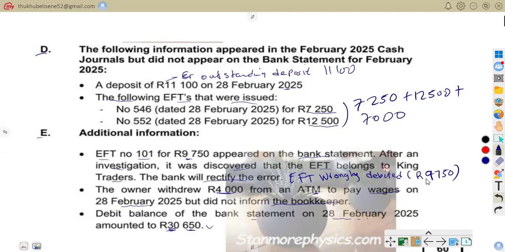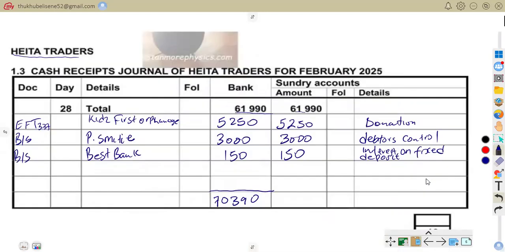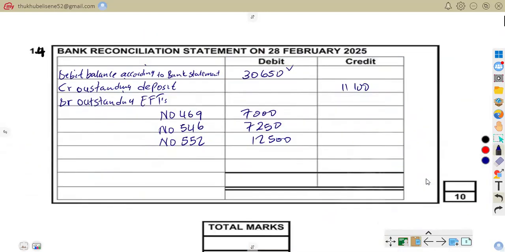So we say credit EFT wrongly debited. So we go to our answer book and record that. This goes into our credit side as 9,750.